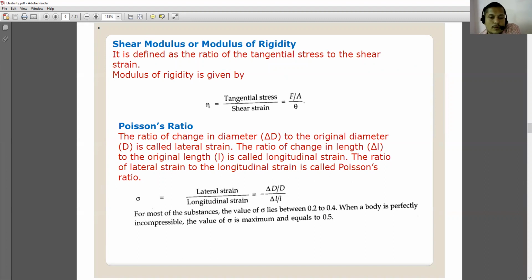For most substances, its value lies between 0.2 and 0.4. When it is perfectly incompressible, its maximum value is 0.5.